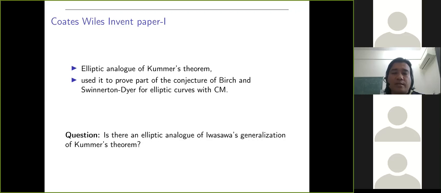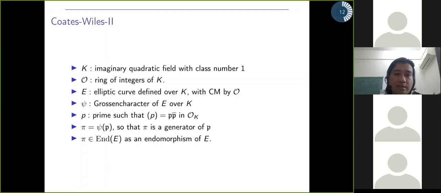So everything is for a CM elliptic curve. For that, they need K to be an imaginary quadratic field with class number 1.